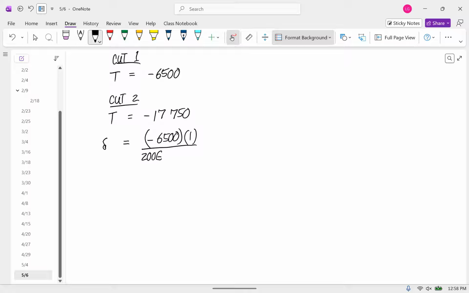So Young's modulus of 200 times 10 to the 9, and then the area. I guess we don't know what that cross-sectional area is. And then plus negative 17,750 times the length of the second half of 1 divided by 200 times 10 to the 9 times area. And so there you go. That tells you the length change of this beam.